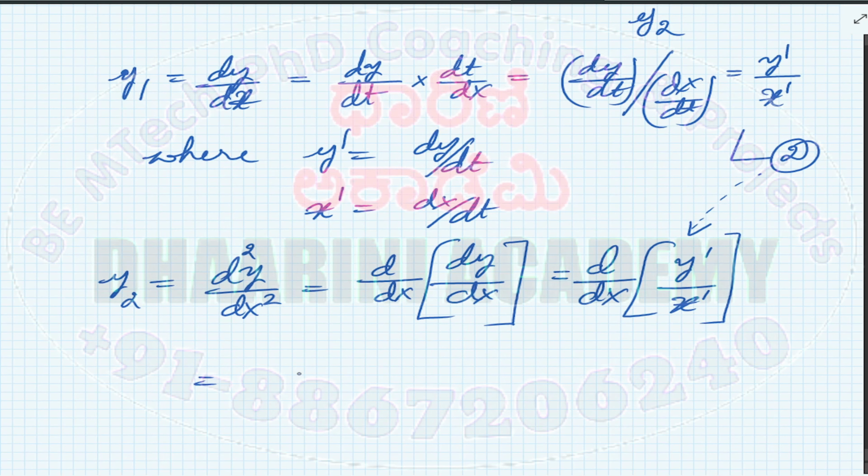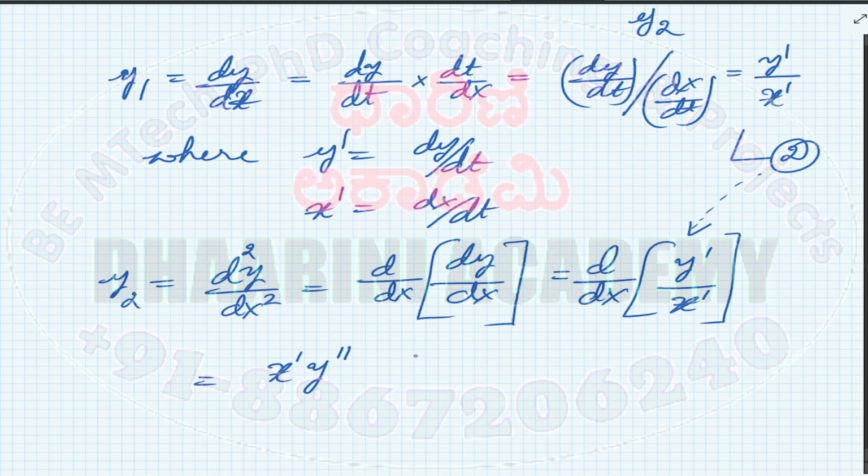So what I do here now, it's a rule of differentiation called the quotient rule. Whenever you have a quotient in your equation and you want to differentiate it, write the denominator first, that is x dash, times the differentiation of the numerator, which is y double dash, because y dash is already there.